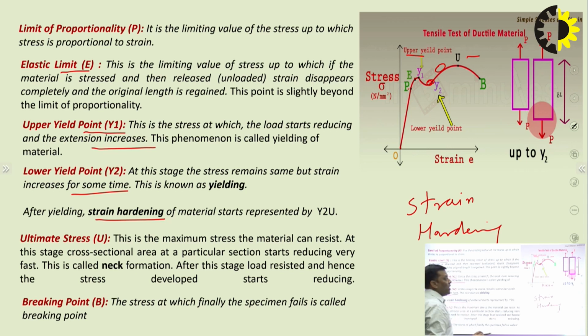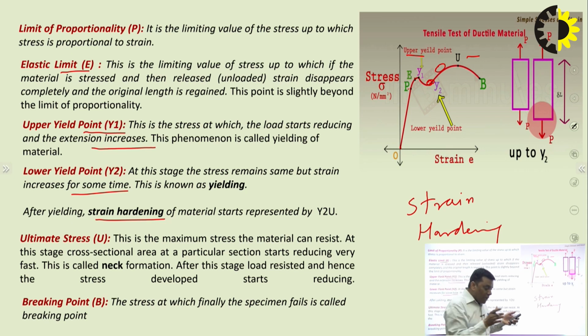And at point U, the neck formation of the material starts. What does neck formation mean? Neck formation means sudden reduction in the cross-sectional area in a particular region. As we know, the area of our neck is lesser as compared to the body.